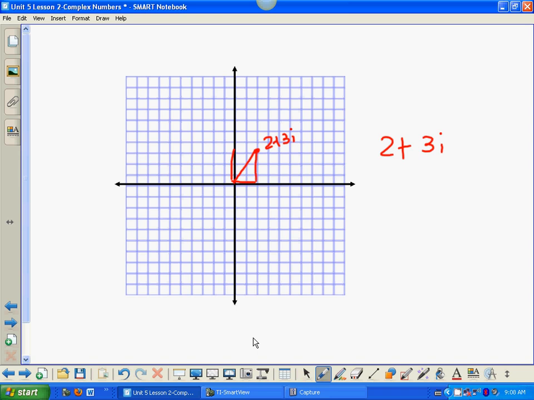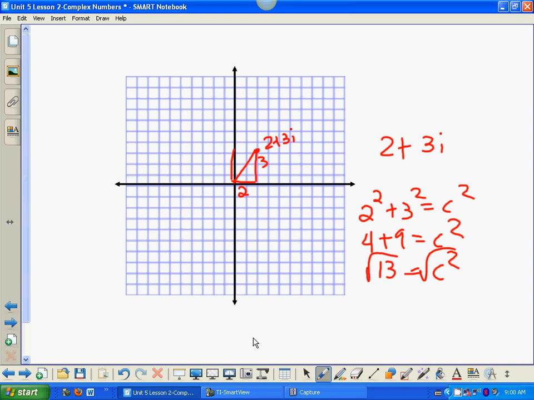And here is my right triangle where I have a distance of 2 and a distance of 3. So I would do 2 squared plus 3 squared equals c squared, which is 4 plus 9, which is 13. So its absolute value is equal to the square root of 13. So notice how the distance is not imaginary. The distance is real from a complex number.